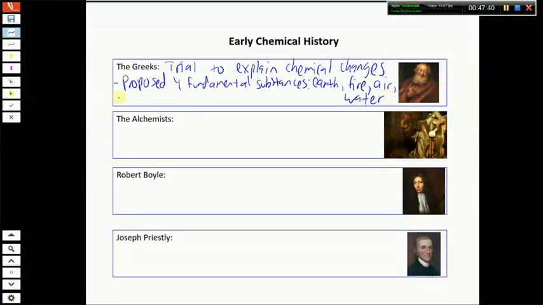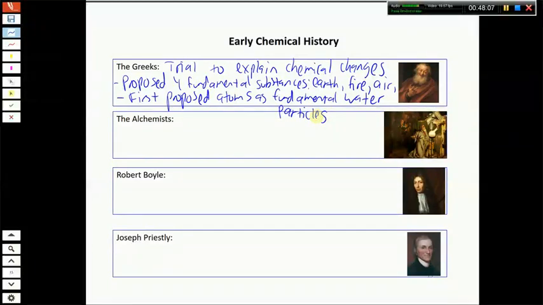And the other really cool thing that the Greeks did, without really any evidence to support it, is they first proposed atoms as fundamental particles. So it took a long time after that to really demonstrate that atoms existed and how to fully characterize them. And I should just get rid of these boxes, they make it hard to fit everything.